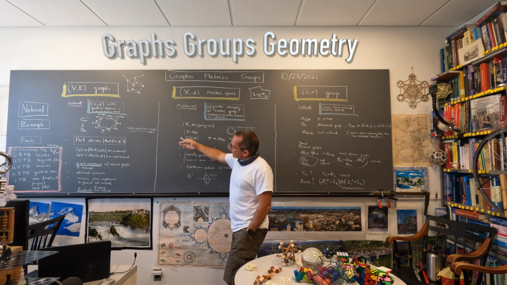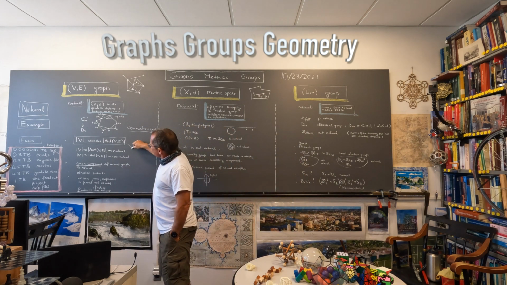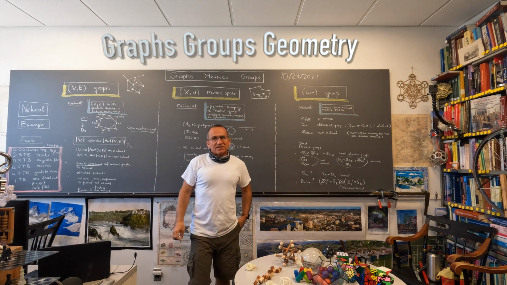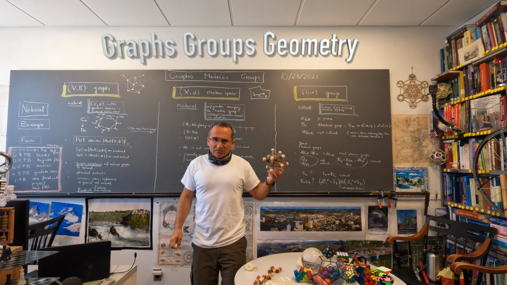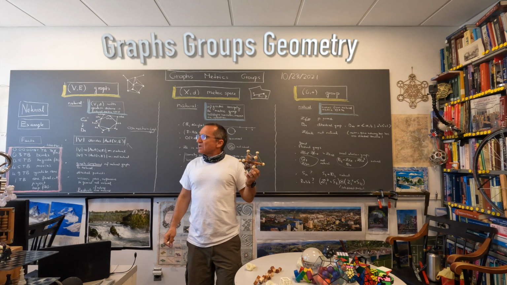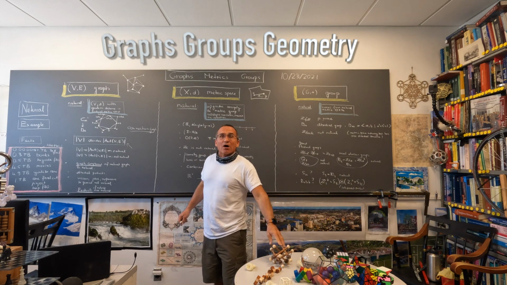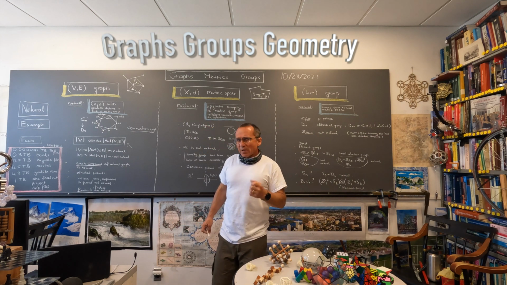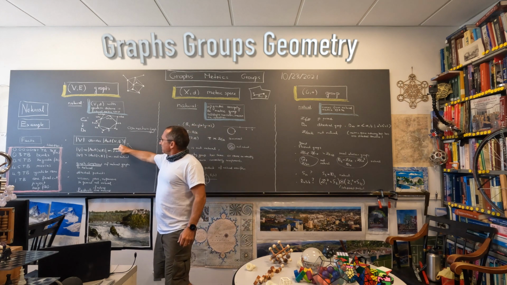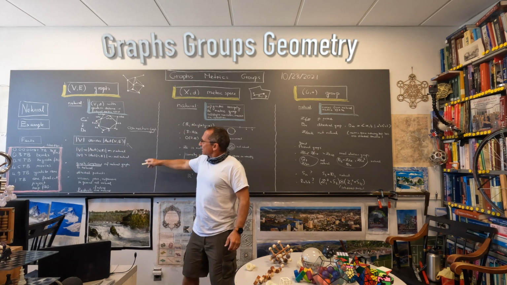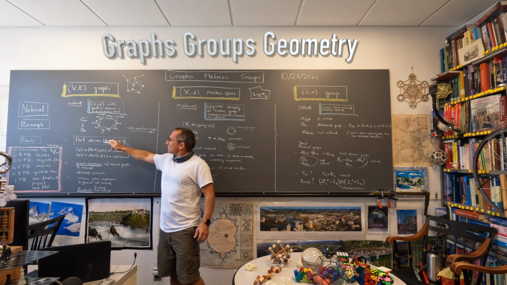And also a simple observation is that the number of vertices in a graph has to divide the automorphism group. So the automorphism group has to be already quite big.